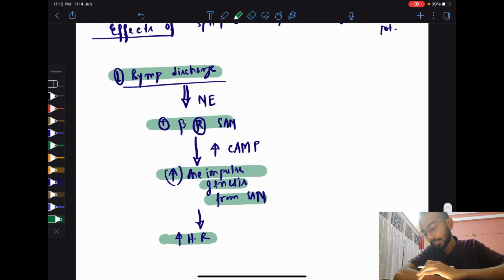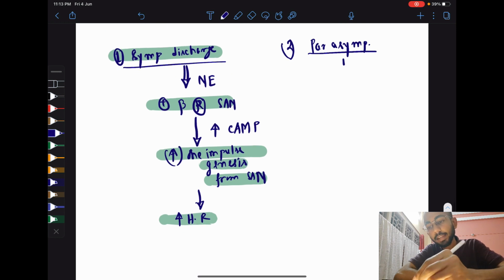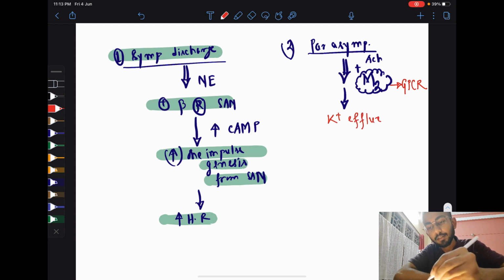Now talking about the parasympathetic discharge, guys, effect of parasympathetic discharge. You need to know that in SA node, a parasympathetic receptor or muscarinic receptor, that is the M2, is present, right? This M2 receptor is actually a G protein linked receptor, GPCR, right? And whenever acetylcholine stimulates this M2 receptor, what will happen is potassium efflux is seen, right?